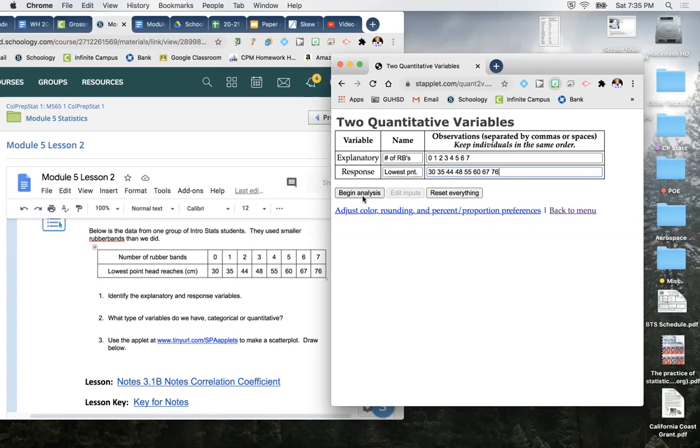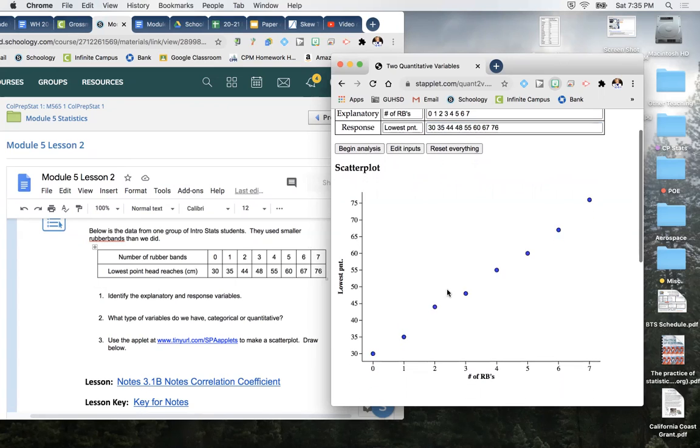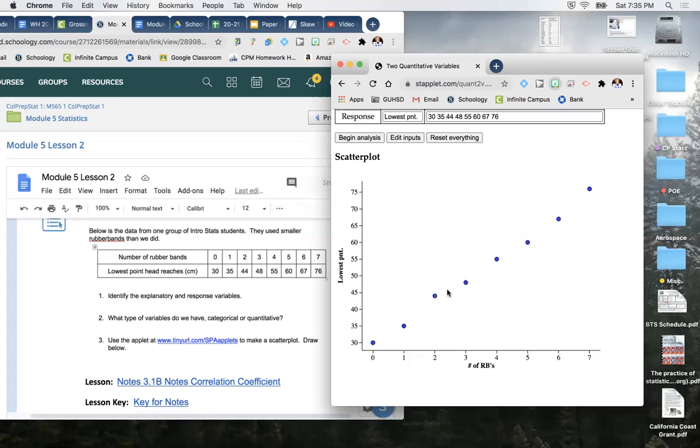I'm going to now hit begin analysis and look at what we have, a beautiful scatter plot where we can clearly see that as the number of rubber bands increases, so does the lowest point of the Barbie's head. So this means that the Barbie is 30 centimeters. It would be like an experiment where you start on a meter stick and you put the Barbie's feet at the very top with no rubber band.